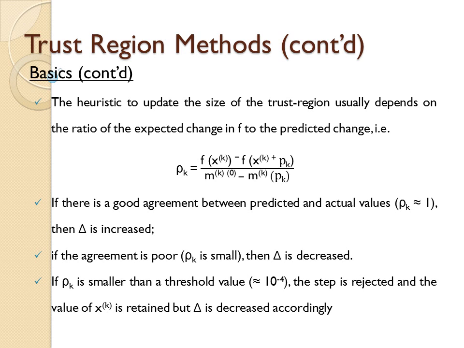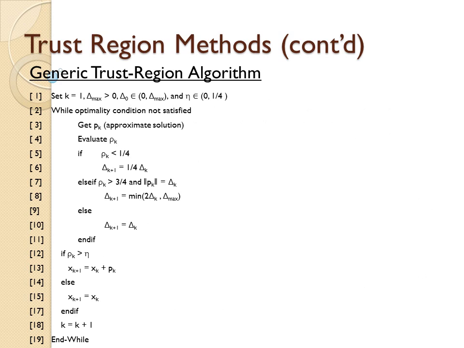If there is good agreement between the predicted and actual values, if rho k is close to 1, then delta is increased. If the agreement is poor, then delta is decreased. But if the agreement is smaller than a threshold value, the step is totally rejected. The value of xk is retained, but delta is decreased accordingly.